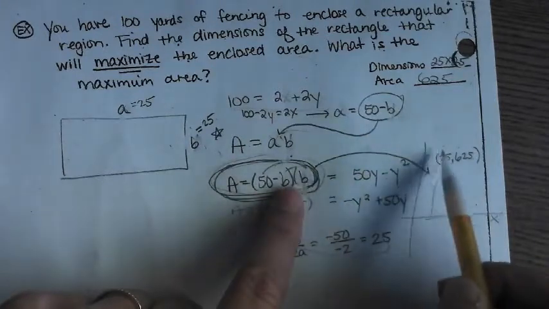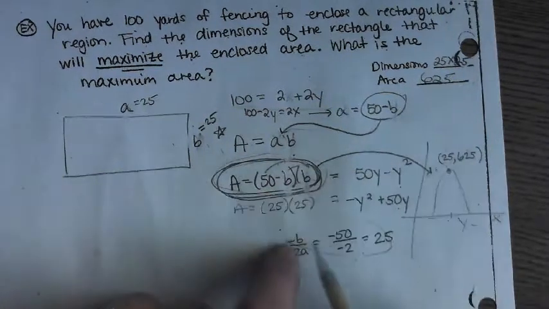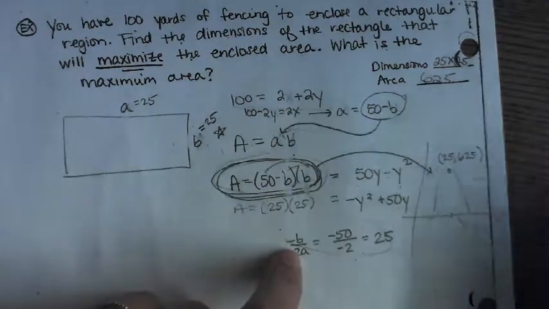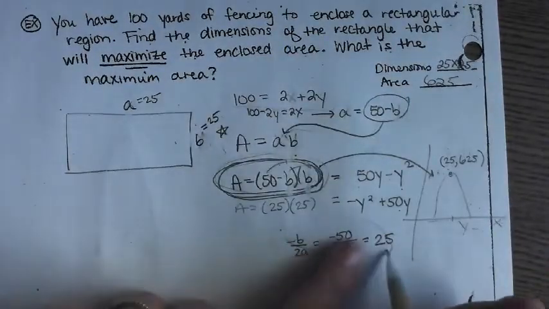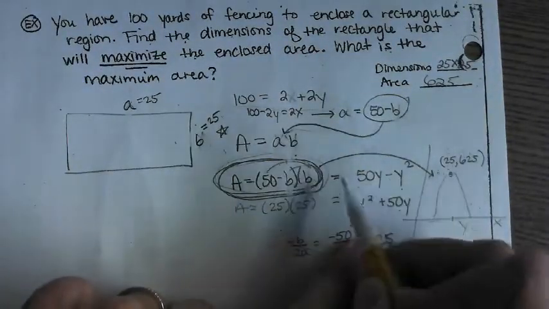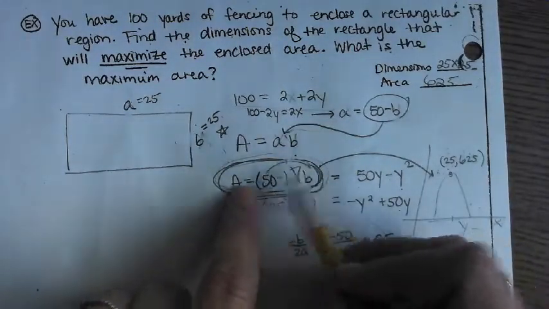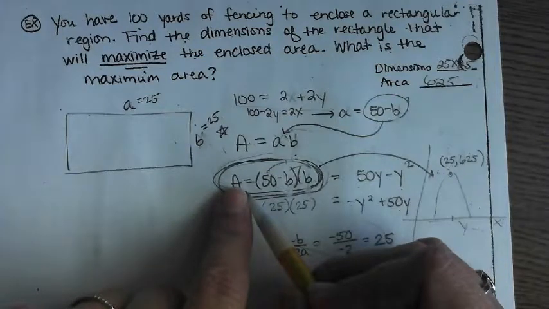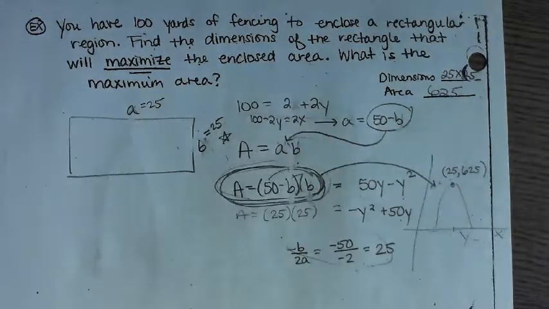The b is the input and the a is the output. Does that make sense? Now there's a's and b's with negative b over 2a, but not as big of a deal. This gives me the input number for my vertex. So that gives me the b dimension of 25. And then I plug 25 back in to find the area under that condition. And then that brings me back to filling in the rest.